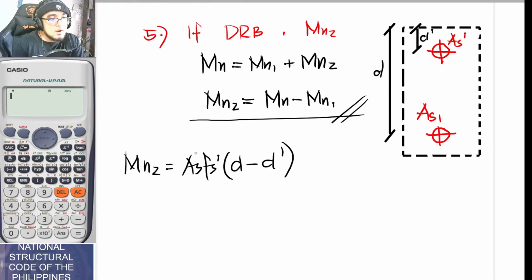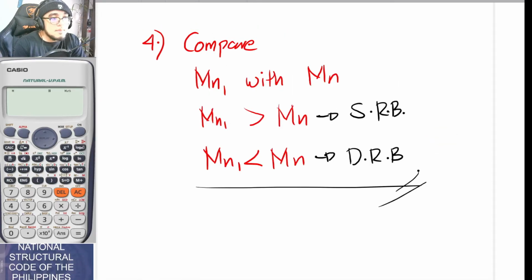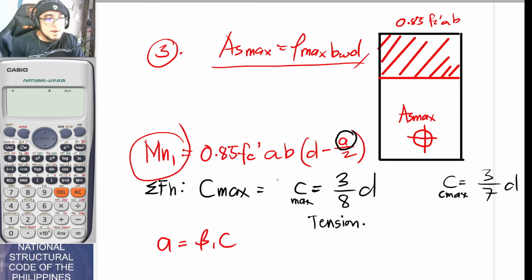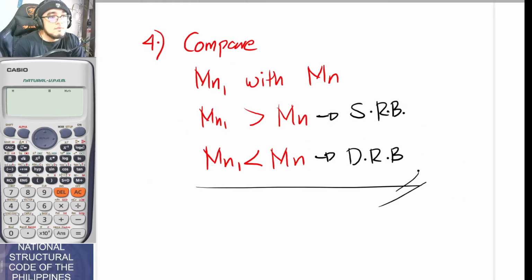AS prime is unknown, Fs prime is unknown, and d is known and d prime is known. So these two are unknown. What you will be doing is solving for Fs prime using, of course, C balanced, C maximum, which we solved for kanina, which is any of this. So you can now solve for Fs prime here.